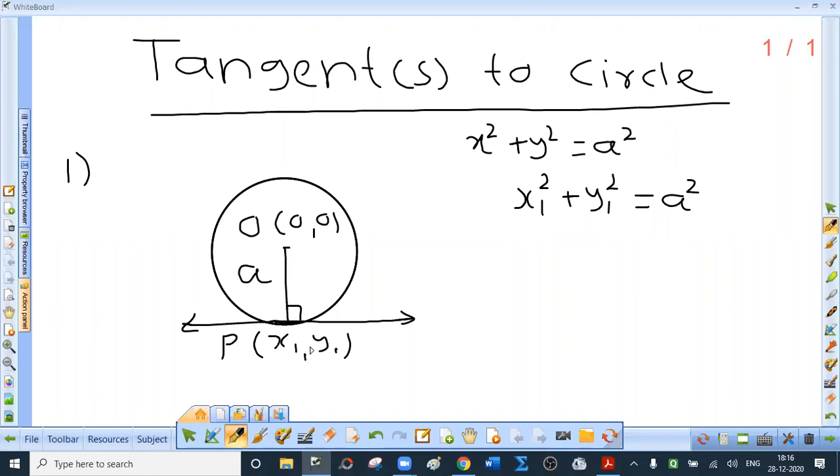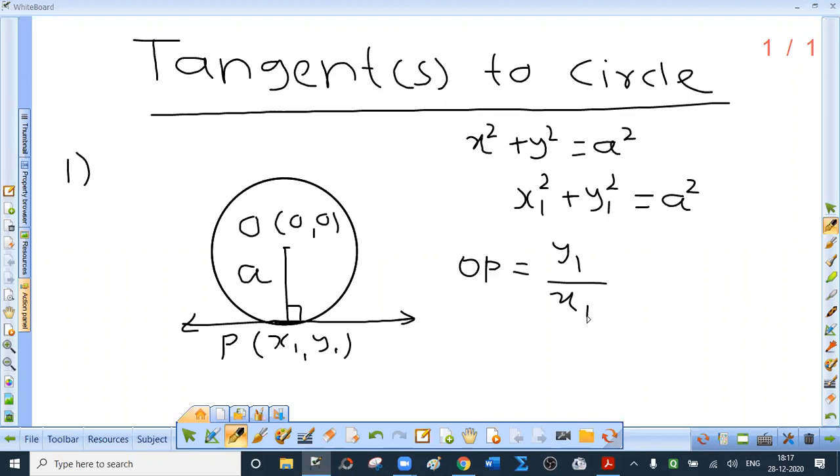At present, we do not know the slope of the line, but we do know that the radius through the point of contact, P being the point of contact, is perpendicular to the tangent. Can you tell me what is the slope of OP? y1 minus 0 upon x1 minus 0.